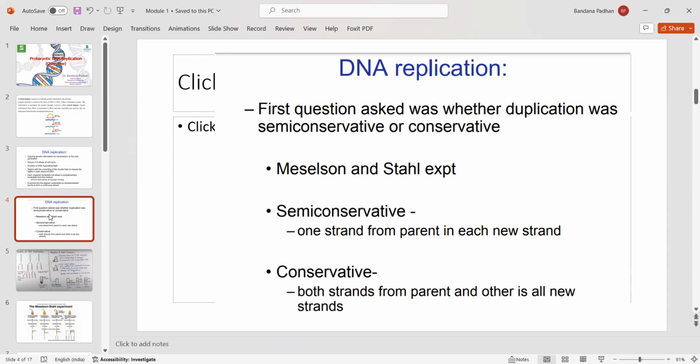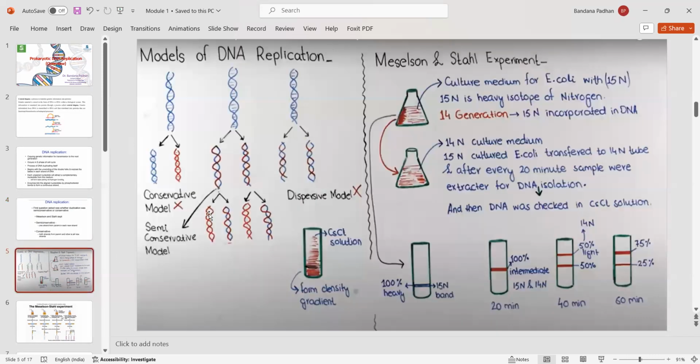Many models were proposed previously, but the semi-conservative model was proven. Those models are the semi-conservative, conservative, and dispersive DNA replication models.